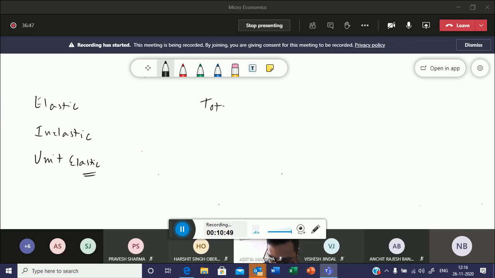Total revenue is nothing but P times Q, where P is the own price, the per unit price. This distinction is necessary. So per unit, what is the price of 1 unit of good?